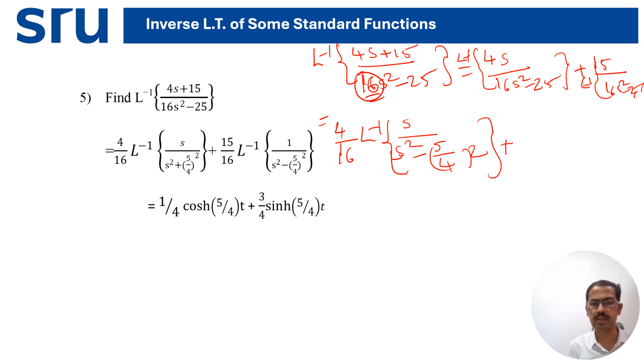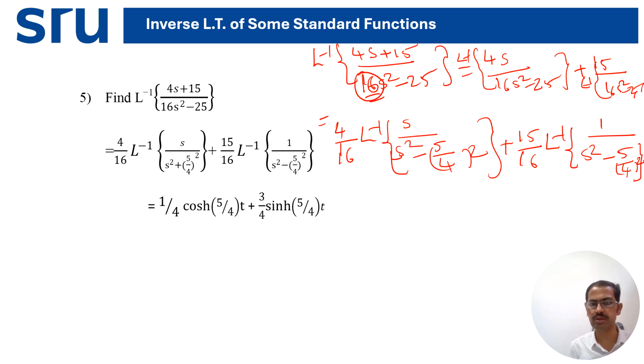Next, the 15 by 16, taking out 16, the inverse Laplace transform of 1 by s square minus (5 by 4) whole square.